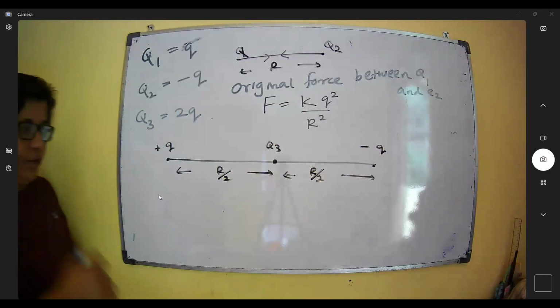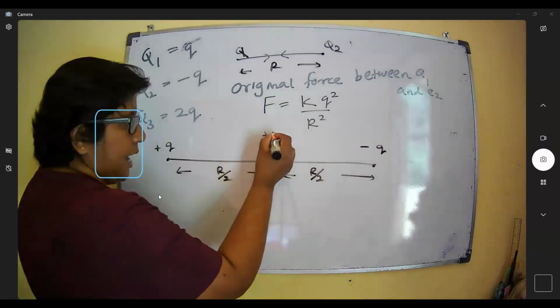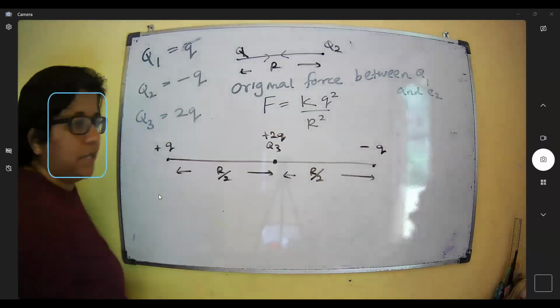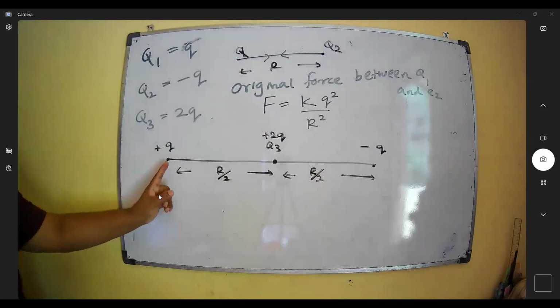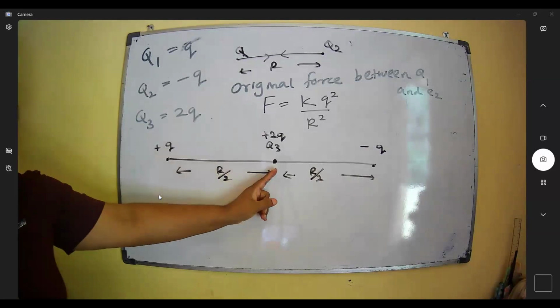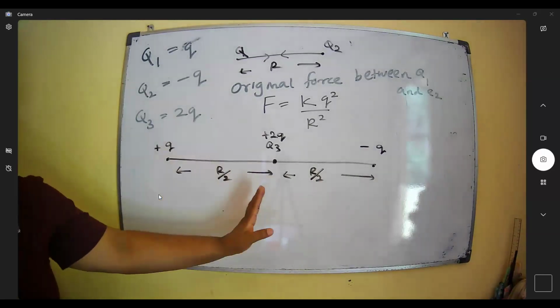What is the value of Q3? Q3 is a positive charge, plus 2Q. When we consider the Q3 charge, you can see two charges act on Q3, right? The resultant force we have to find.